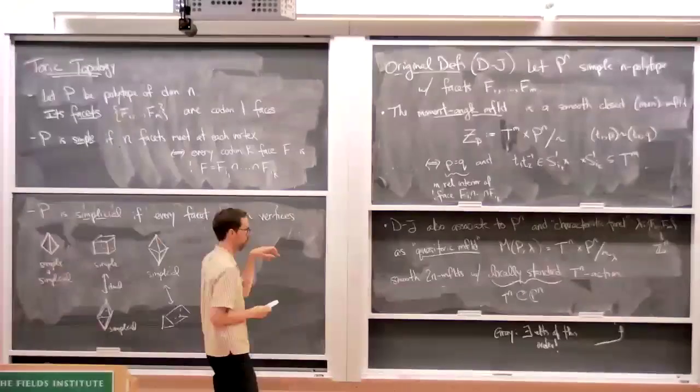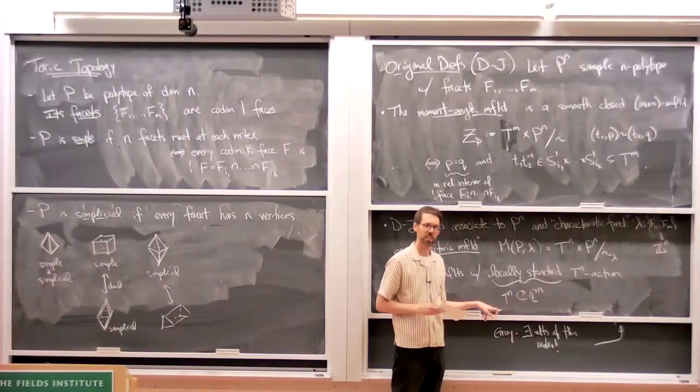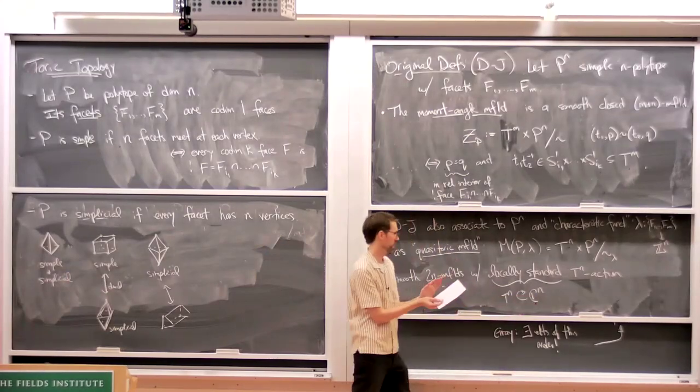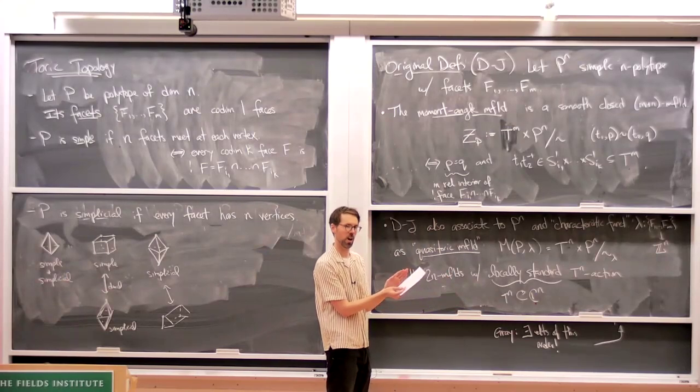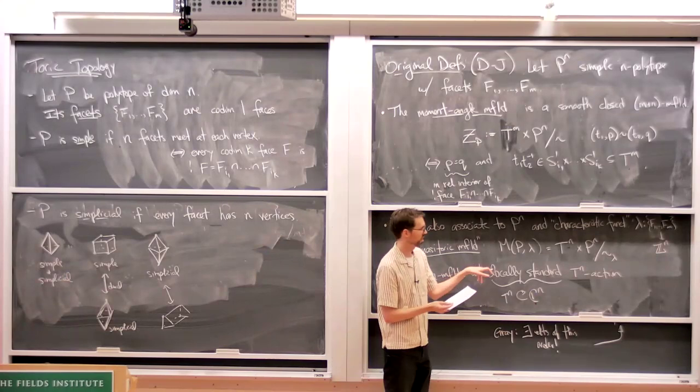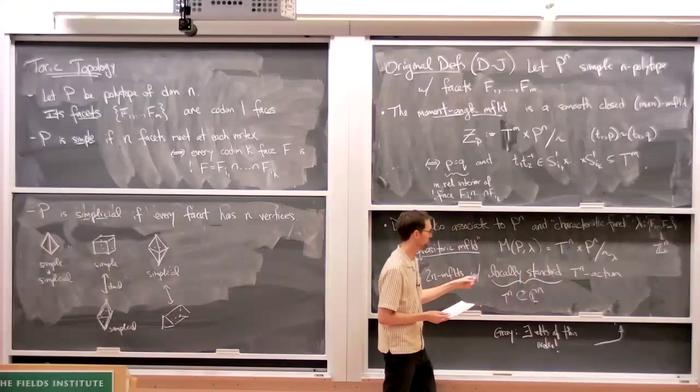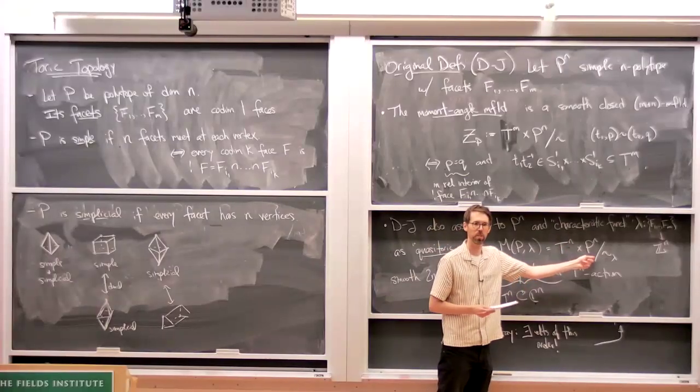And notice that the orbit space of this obvious coordinate-wise multiplication action is just like a quadrant, R^n plus. So that's looking in the quotient like the neighborhood of a corner, a vertex of your variety. So if you quotient out by T^n on this space, you just get your polytope P.